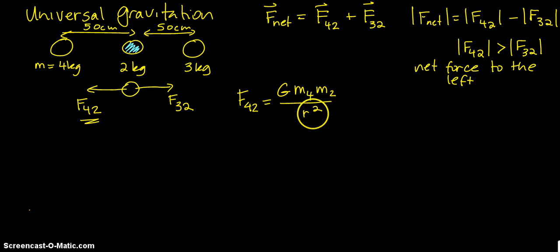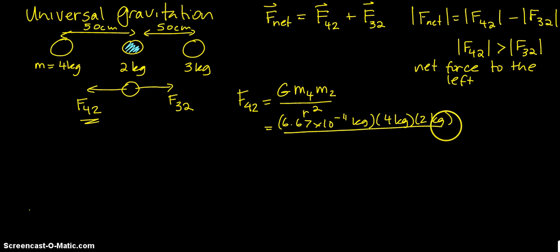Therefore, the force by the 4 on the 2 is big G, 6.67 times 10 to the negative 11th, times the mass of 4 kilograms, times the mass of 2 kilograms, divided by the distance of separation squared.